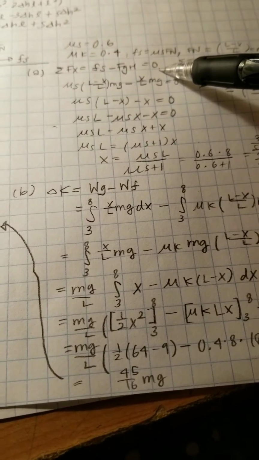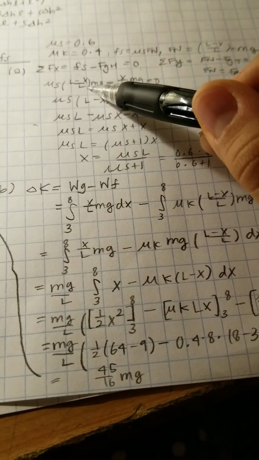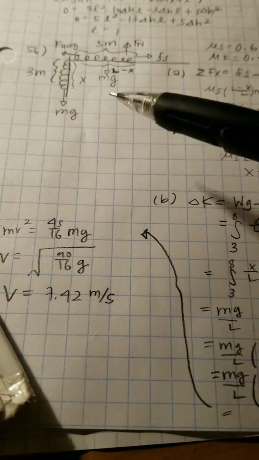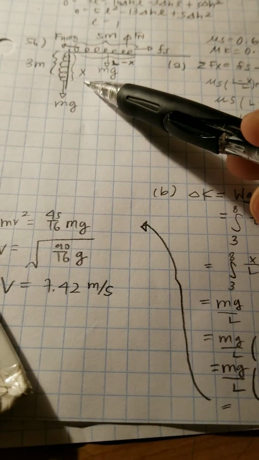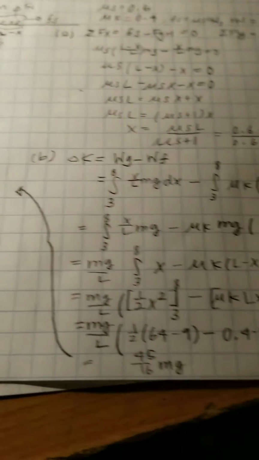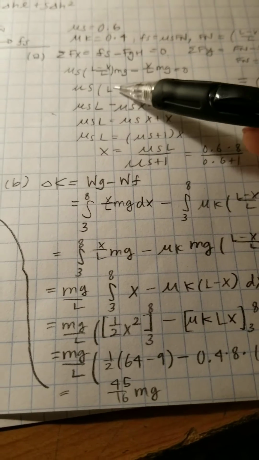You found Fn already, so it's mu s times (L minus x) over L mg, and the force of the hanging mass is x over L mg, because this is the part of the chain that's hanging off the table. So it's x over L mg, and you can just ignore the denominator.